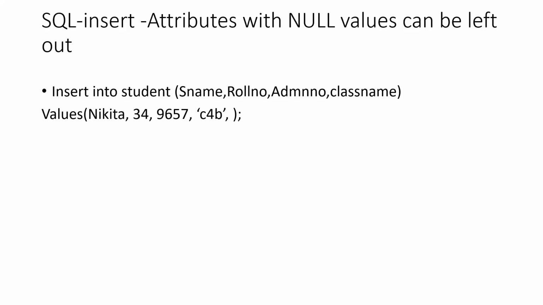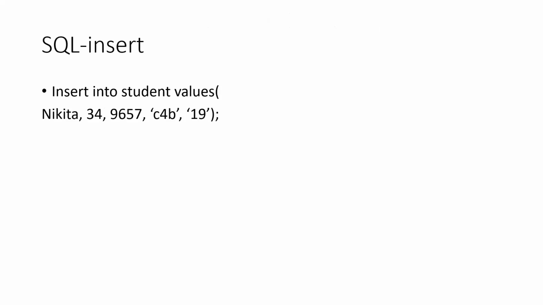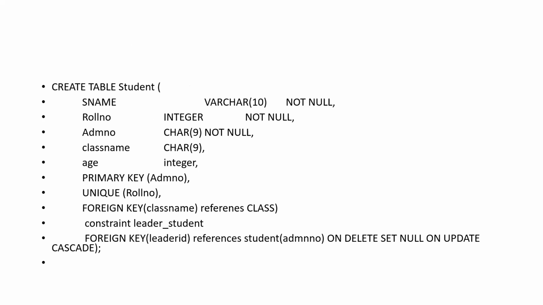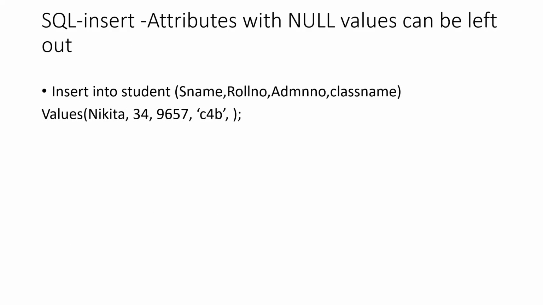Age is removed. This is useful when the number of attributes is large and we want to insert only a few values into the table. We can use this method. But the difference between the previous one and this one is that in the previous one, we are inserting the values in the order of the attributes specified in the create statement.